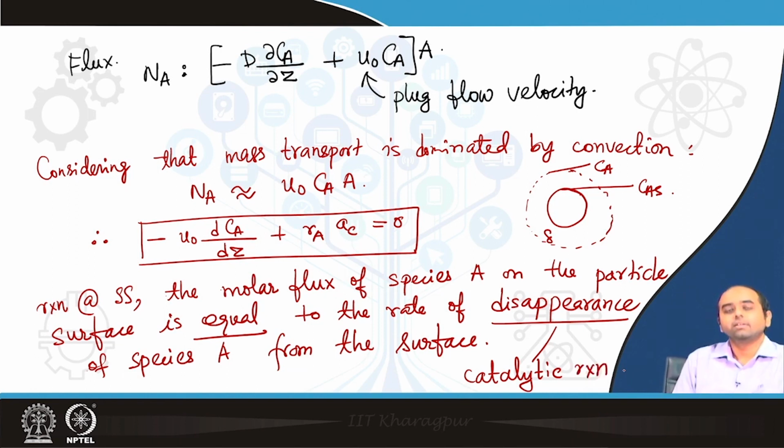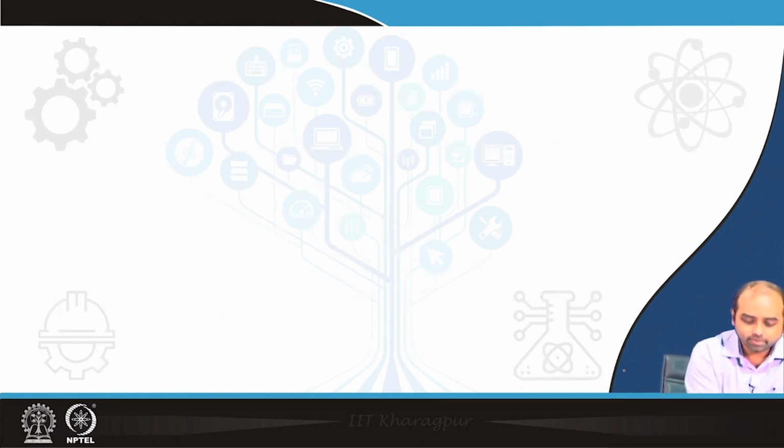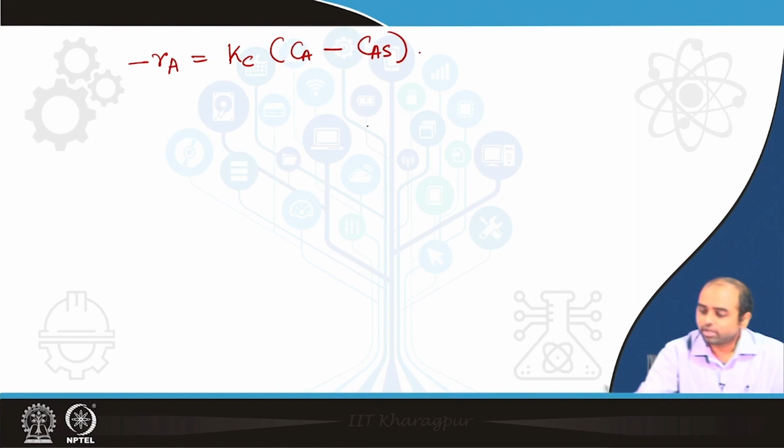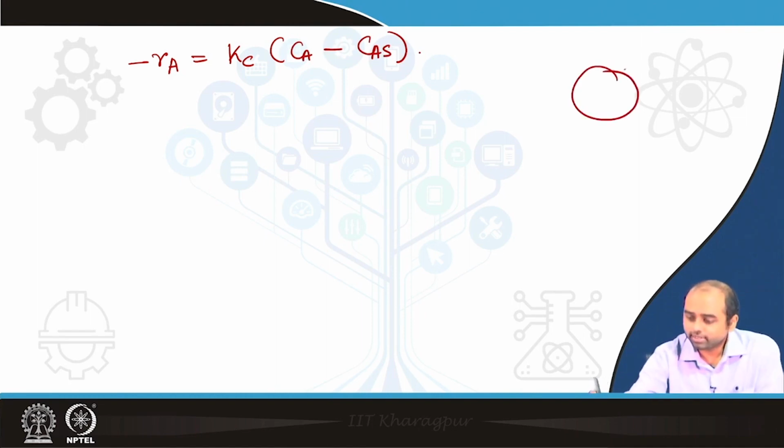So, this has to be true, right. I can write down the chemical reaction rate, minus R A, as proportional to the mass transfer coefficient times C A minus C A S, and of course, I will draw this picture once again here.